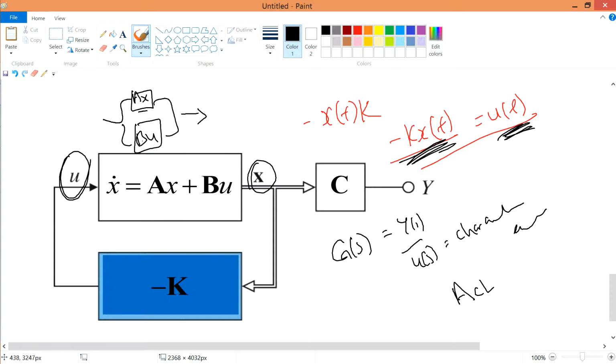Ax plus Bu can be drawn as a parallel block diagram. I should have drawn it like this: Ax comes from your input, and it adds up with your feedback system.